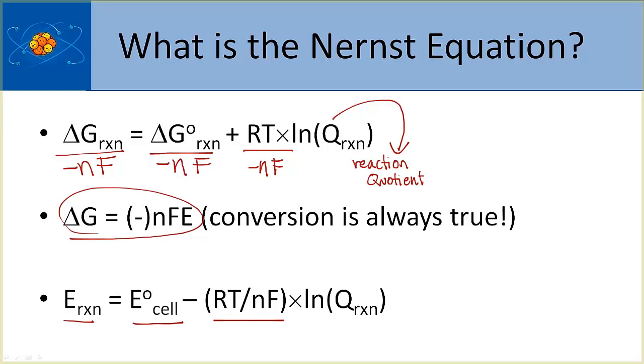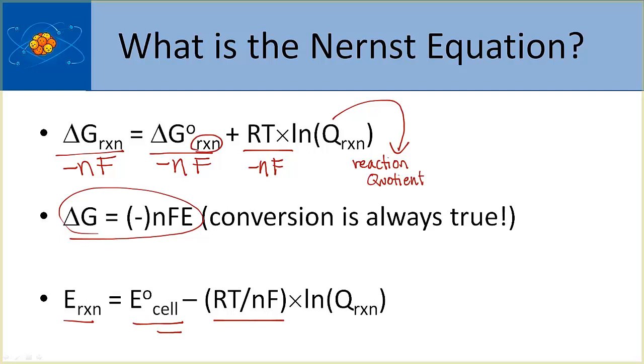Now, if you remember, standard conditions are 1 atmosphere, 1 molar, approximately, in solutions. And so if you have anything other than those concentrations, then we can calculate free energy or voltage under those conditions. One other thing I wanted to make a note of: we often use the word cell, and we use reaction, and there really isn't any difference between cell and reaction.